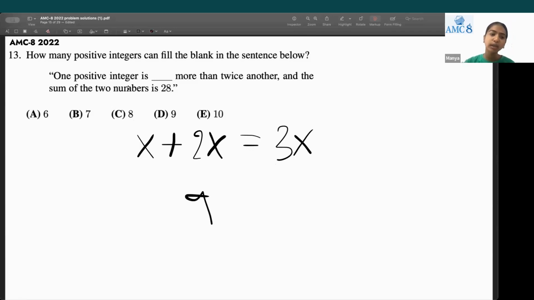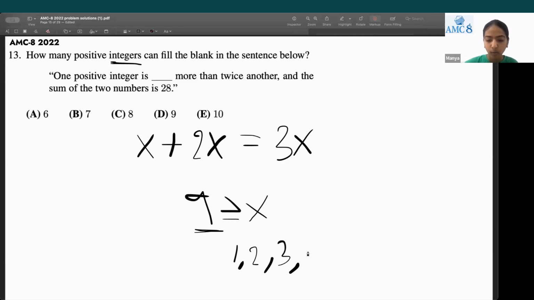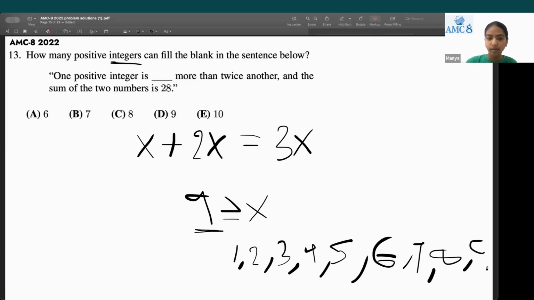And since it cannot be a decimal, it has to be an integer, we can just assume that x has to be less than or equal to 9. So in this case, x can be equal to 1, 2, 3, 4, 5, 6, 7, 8, 9.